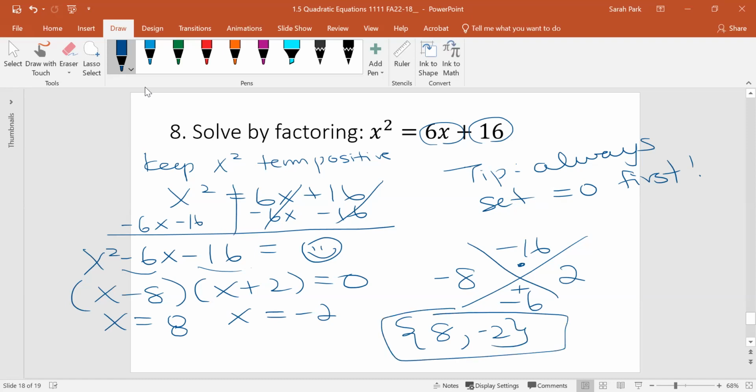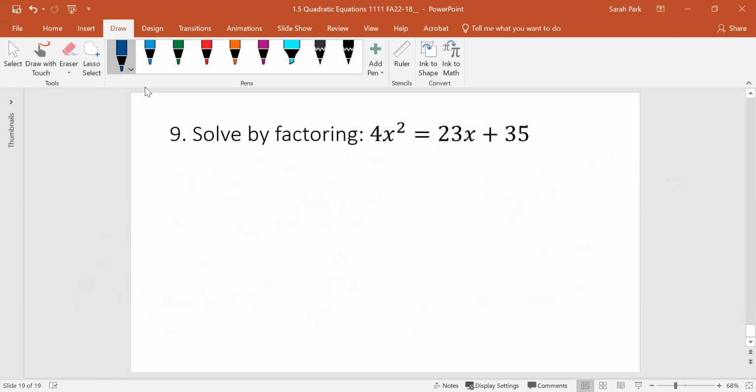Okay, now last problem. We got 4x squared equals 23x plus 35. This is not set equal to 0, so we need to set it equal to 0 first. Again, leave the 4x squared term alone and move over the 23x and the 35 by subtracting them. From the right-hand side, everything canceled out, so we have 0.